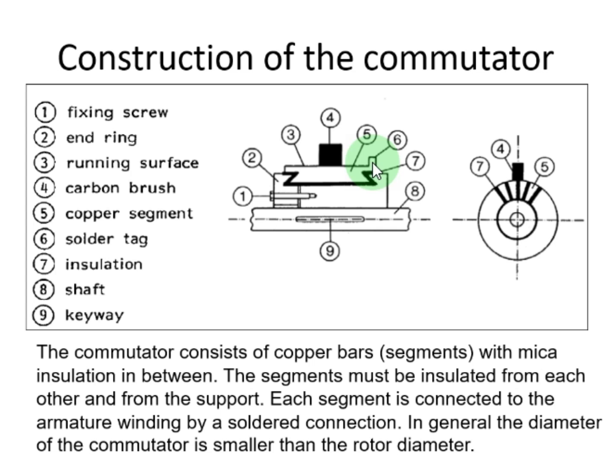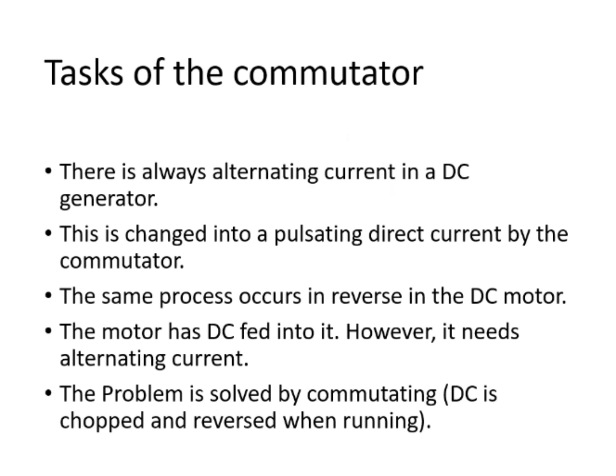In general, the diameter of the commutator is smaller than the rotor diameter. Right. So the task of the commutator, as I mentioned earlier, is basically doing AC to DC conversion or DC to AC conversion.